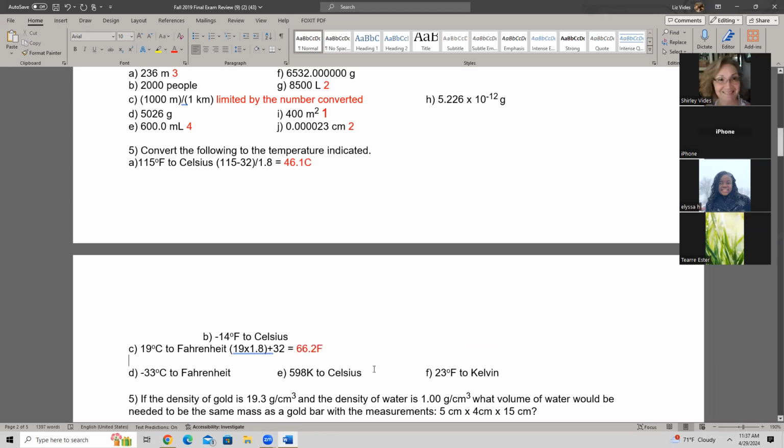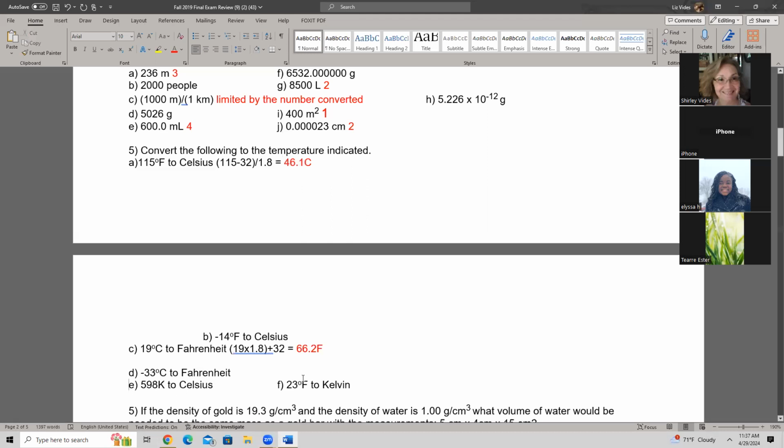All right, so next one is E. I'm going to move him down. It just looks weird there. All right, so Celsius. This one's easy. All you have to do is add the number that's on there plus 273 to get to Kelvin. So the reverse is true from this one. If you want to get to Celsius, just subtract 273.